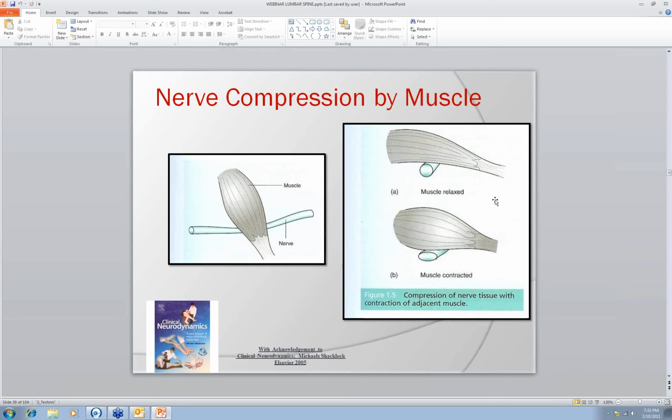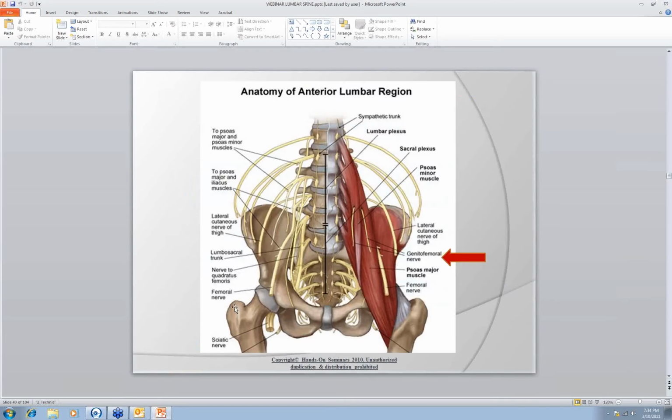These fantastic pictures are taken from Michael Shacklock's book, Clinical Neurodynamics, which I strongly recommend. It's a great book.